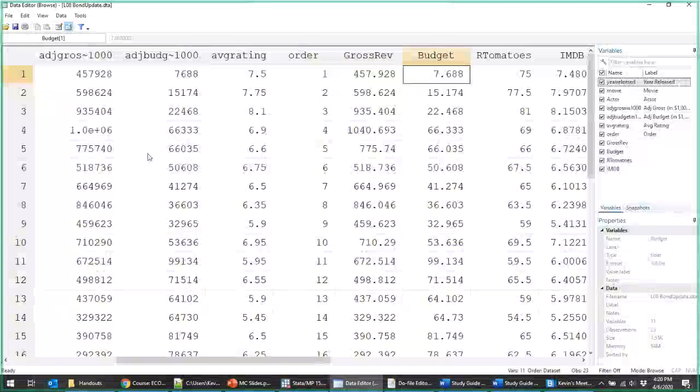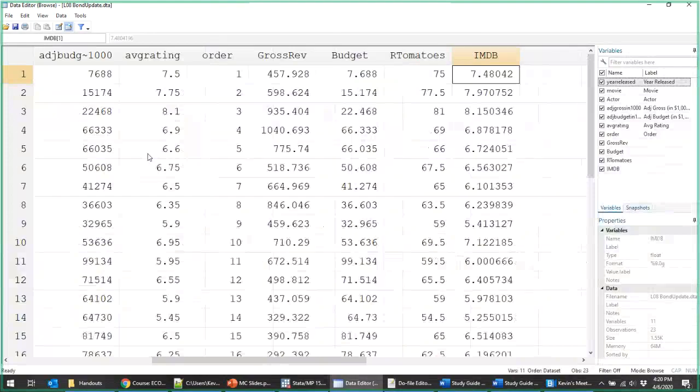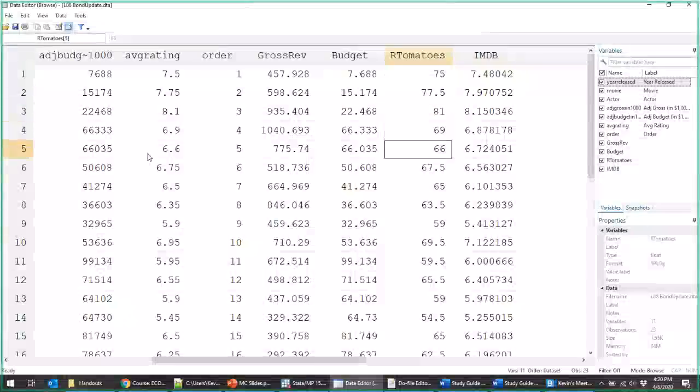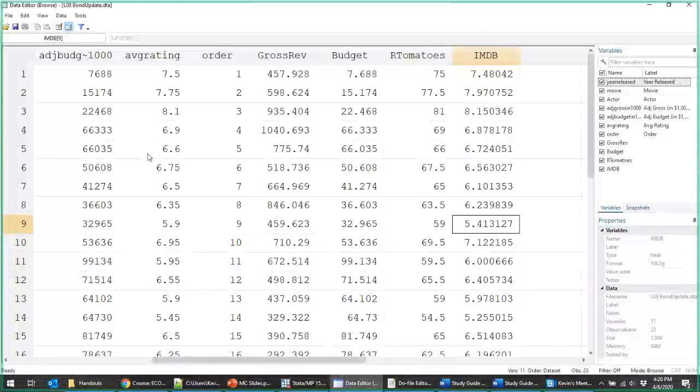Then we have two variables that talk about the rating of the movie or the quality of the film. You have the Rotten Tomatoes score for the film, which is measured between 0 and 100, and you have the IMDb score for the film, which is measured between 0 and 10. For those that aren't movie buffs, these are two different websites, both of which allow fans and critics to go on and rate movies on a numerical scale.